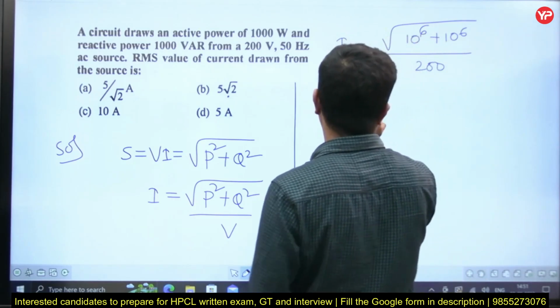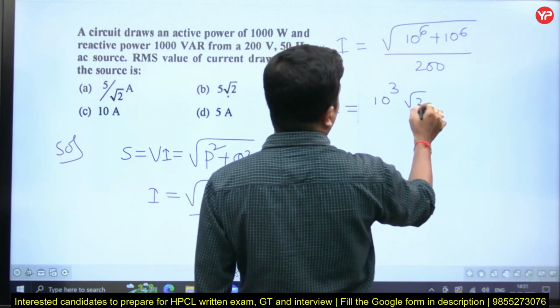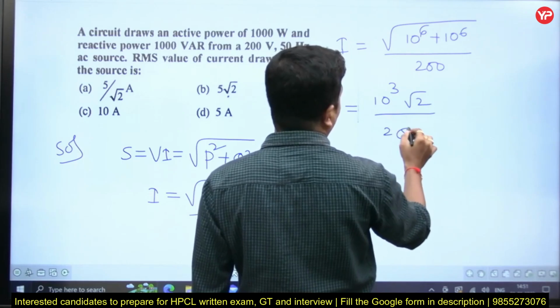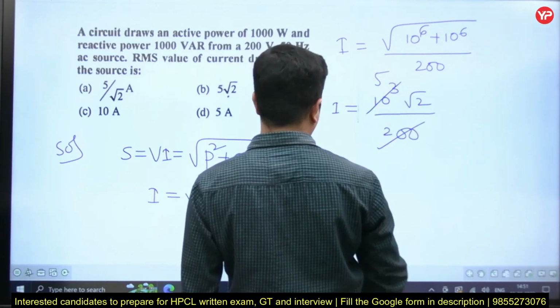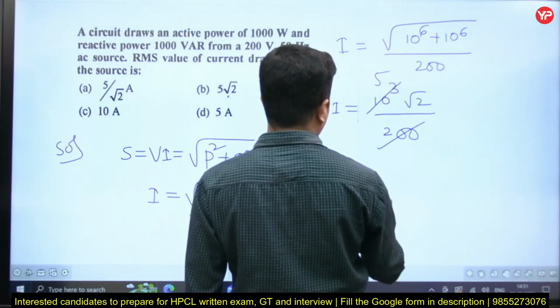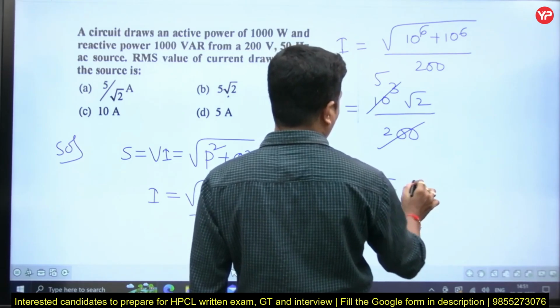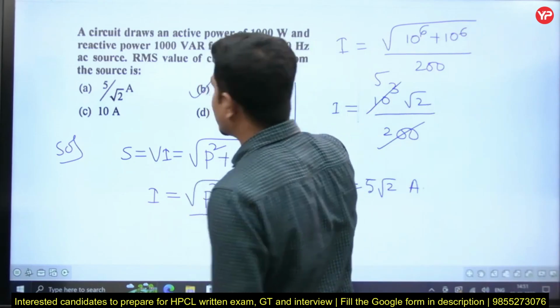So I is equal to 10 to the power of 3 root 2 by 200. So this is going to be cancelled 5 times. I is equal to 5 root 2 amperes. Choice is B.